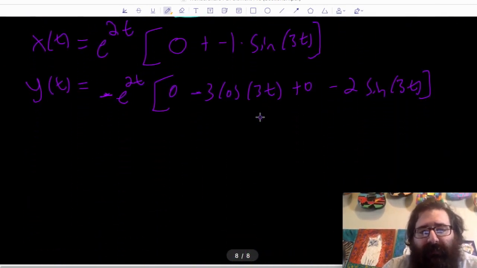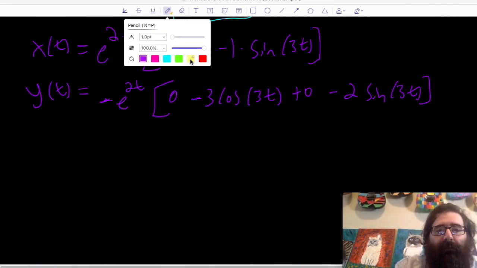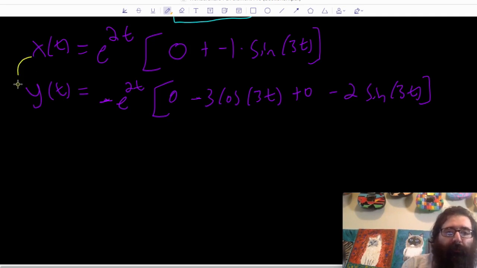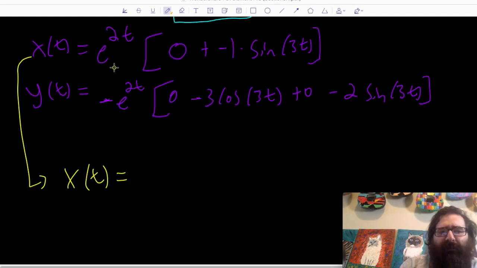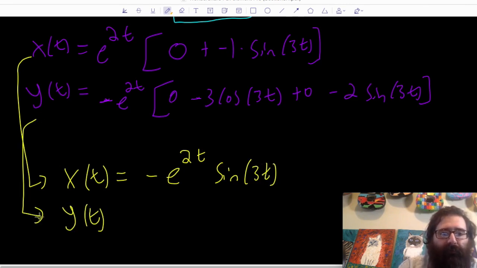And now I can clean these up because I got some stuff here that I don't really need, and I can probably write it in a little bit nicer of a way. I also like to switch colors a lot, so let me do that. X at t is just e to the 2t times negative sine 3t. It looks a little bit prettier if I bring that minus sign in front, subjectively. Negative e to the 2t times sine at 3t, bam. And y at t, I have this minus e to the 2t, and then negative 3 cosine 3t, negative 2 sine 3t.